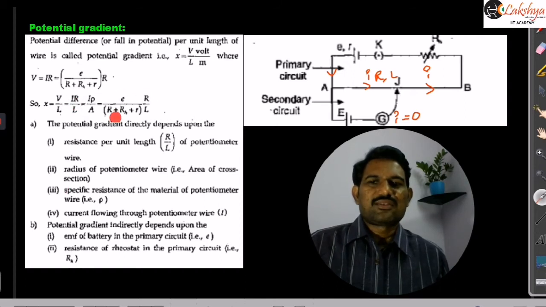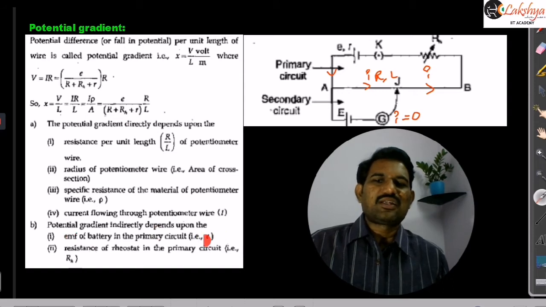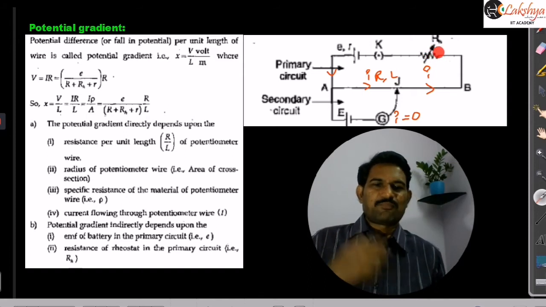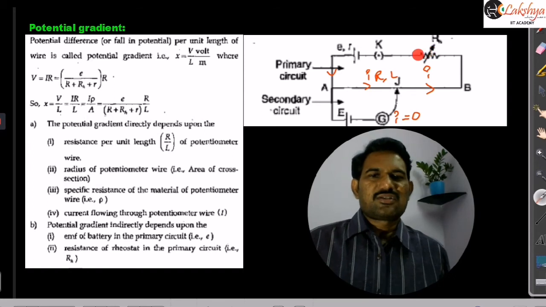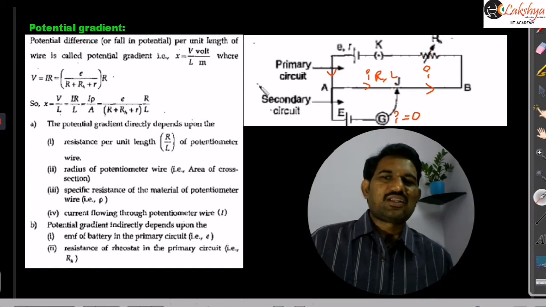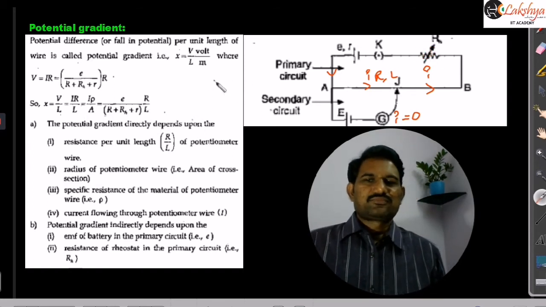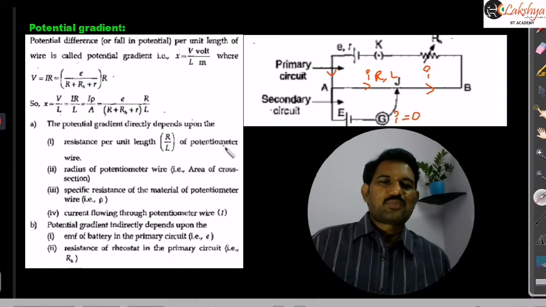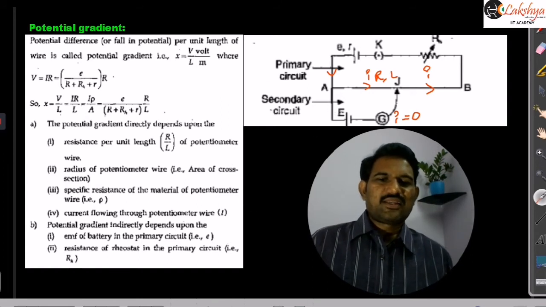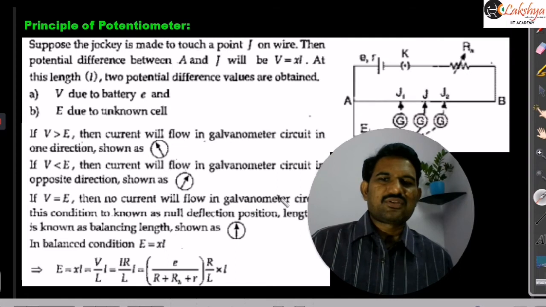So indirectly it depends on how much EMF is there and how much series or rheostat resistance is connected here. So that is the calculation of the potential gradient. Now I can write the principle of this potentiometer.